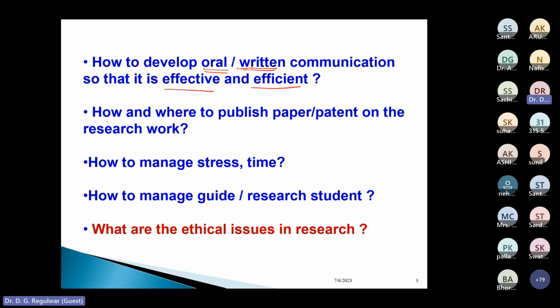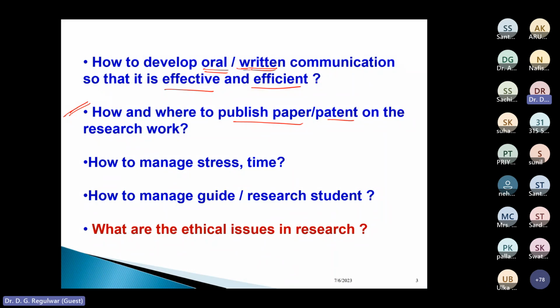The next is how and where to publish the paper, or how to patent your research work. This is also a question in research scholars' minds: the requirement is there to publish a paper, so how to publish, and in which journal I should publish it.